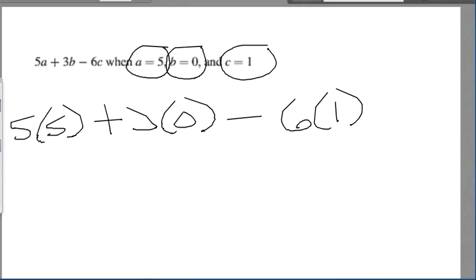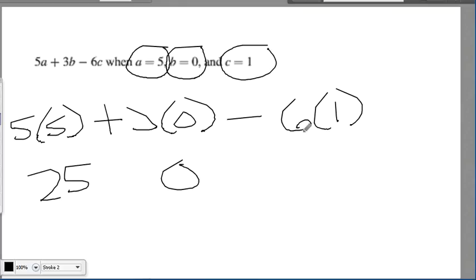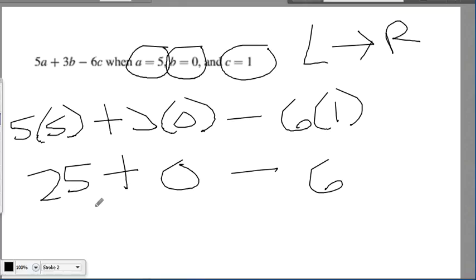So here we go. 5 times 5 is 25. 3 times 0 is 0. 6 times 1 is 6. So now we have 25 plus 0 minus 6. We only have addition and subtraction left, so we work left to right. 25 plus 0 is 25. 25 minus 6 is 19. Voila.